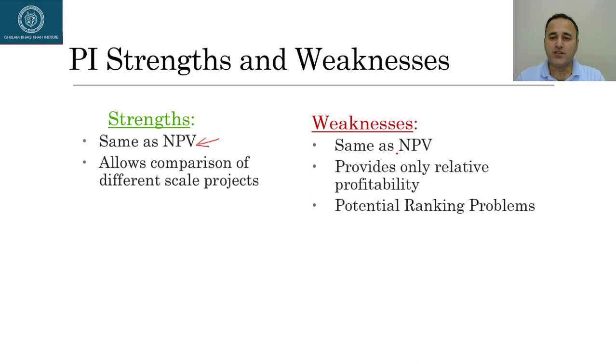Weaknesses: all the weaknesses which apply to NPV, PI has the same weaknesses. The other weakness is that it provides a relative profitability. In one situation it was a strength, but let's say we are considering different projects. For one project, the total investment is only $5,000 and PI is, let's say, 2.1, and then there is another project with $5 million and PI is, let's say, 1.5.